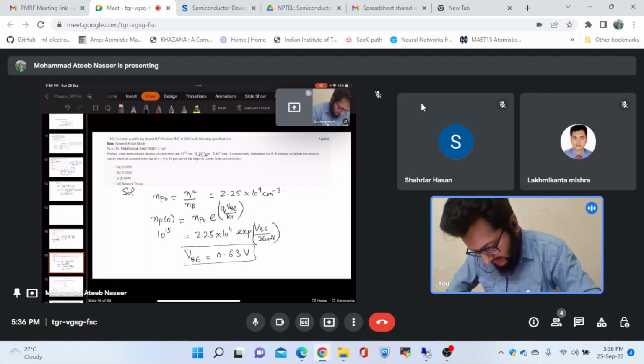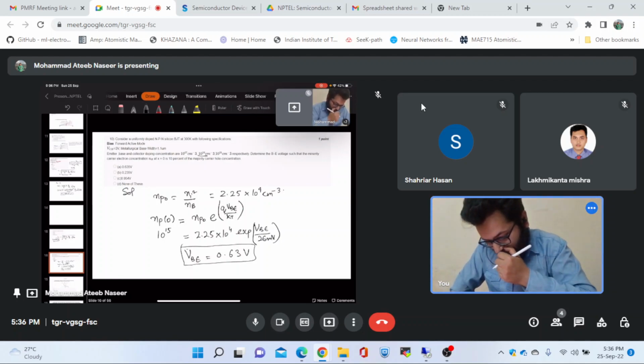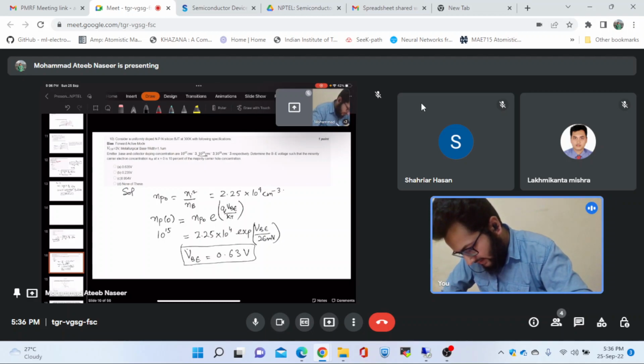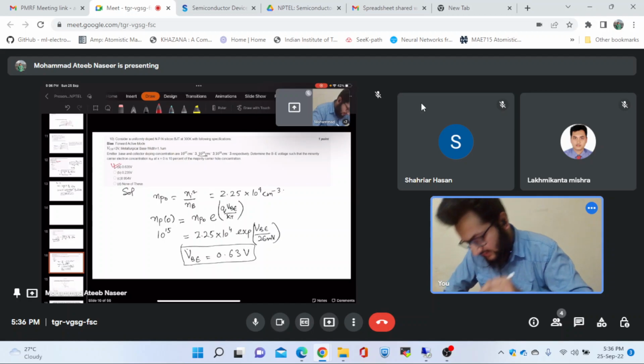So if I check this expression with the above, it is the option A, that is matching.